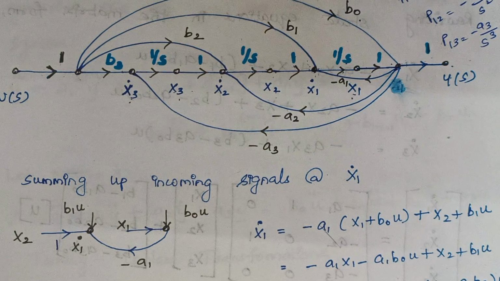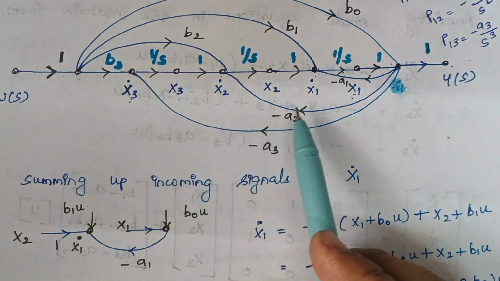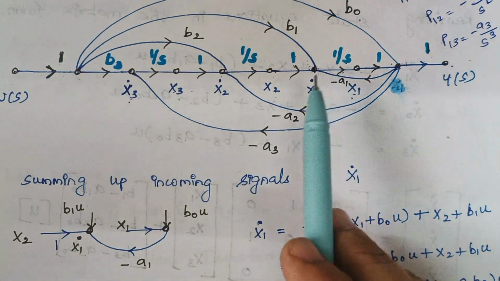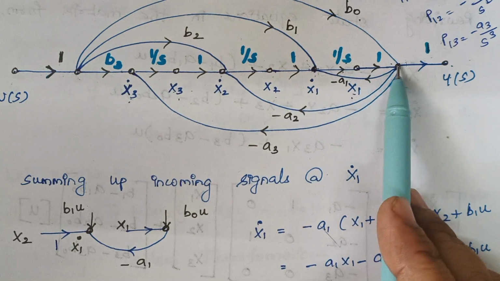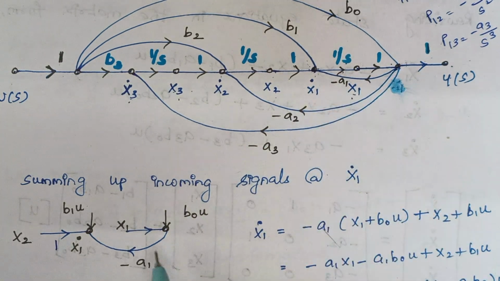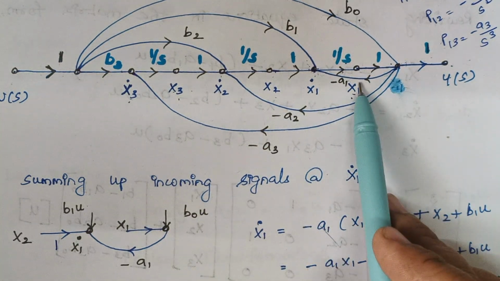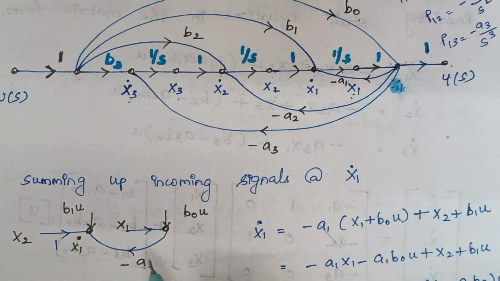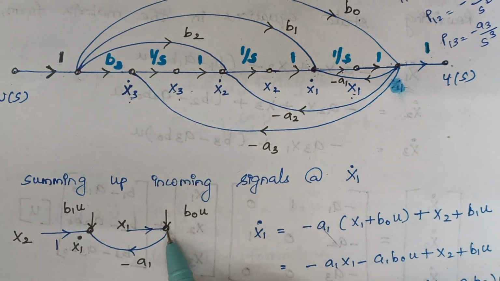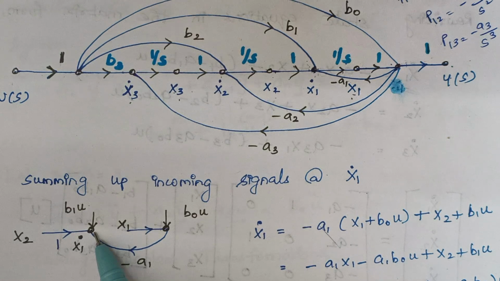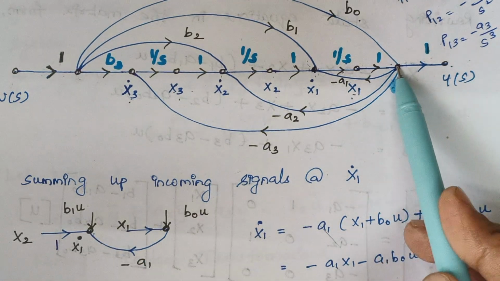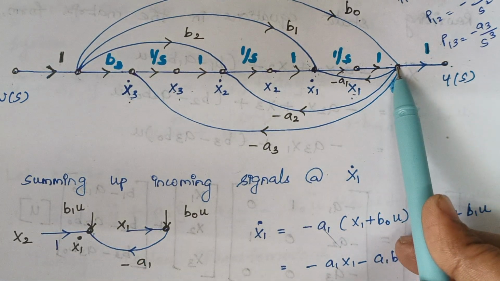Then apart from that, I am having some other thing which are connected to x1 dot. So to this x1 dot, I am having a minus a1, right? And this minus a1 is coming from this node. So here that node is drawn and minus a1 is drawn here. And to this node again I am having two inputs, right?